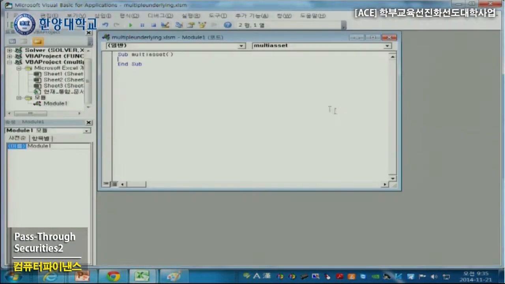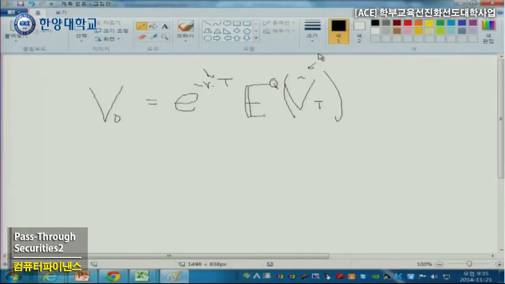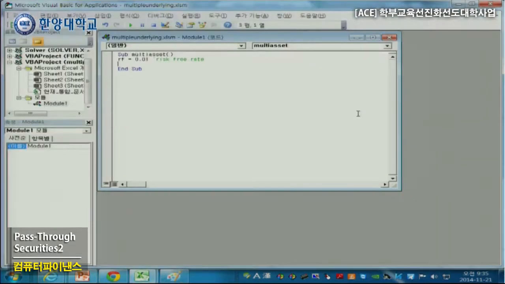Okay, so let's write down RF is 0.01, which is risk-free rate. And then we need T, which is time to maturity. T is, let's say, 2 years. Time to maturity, so it is year, right?